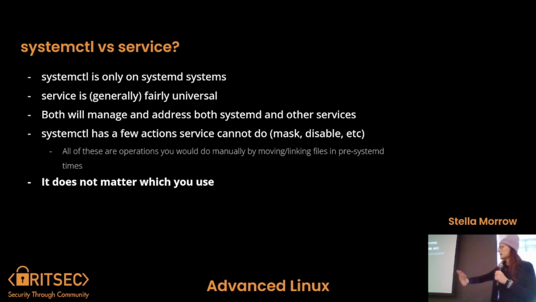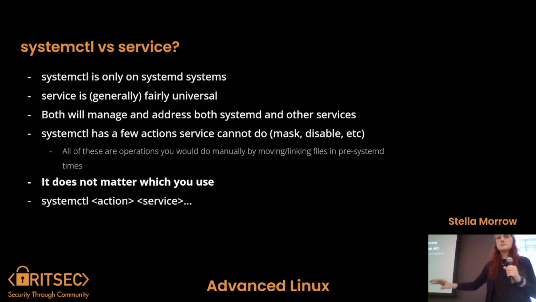Here's the thing, it doesn't matter which one you use. In every systemd-based system I've seen in the past half decade or more, they're both options and they exist and they work just fine. Systemctl can also do user services, which are a big pain in the ass, and I don't think very many people will use them because it's a pain.